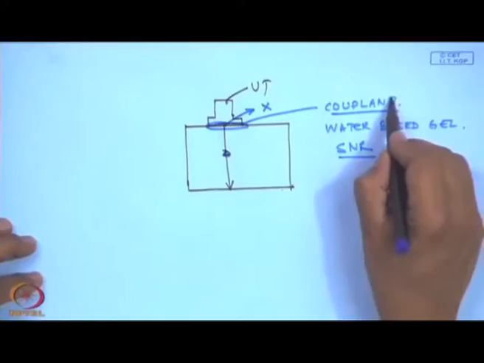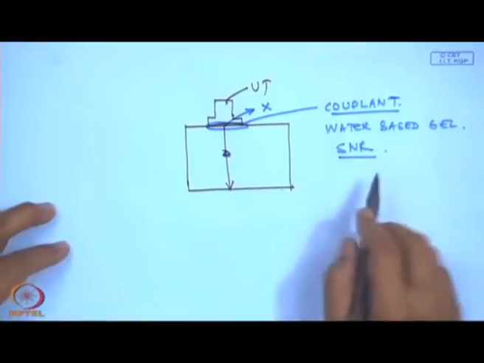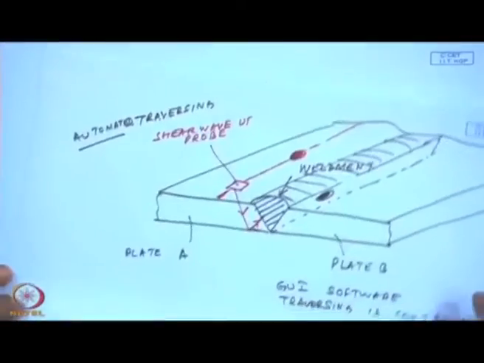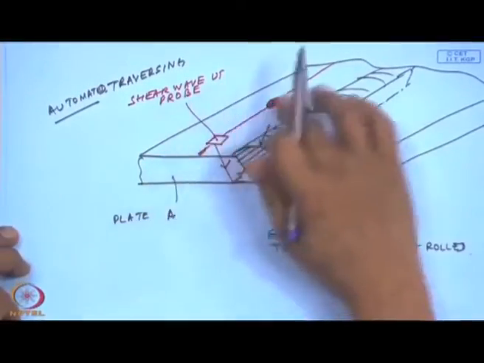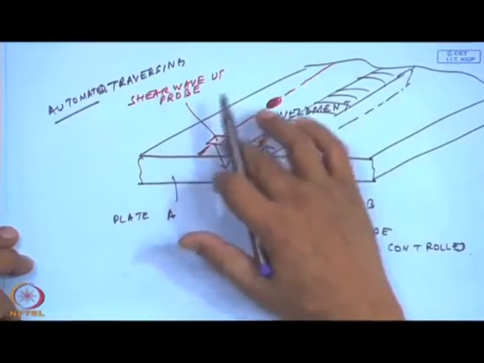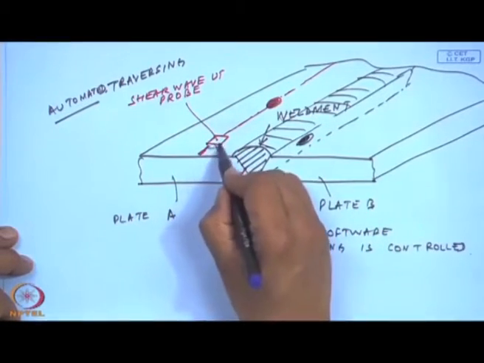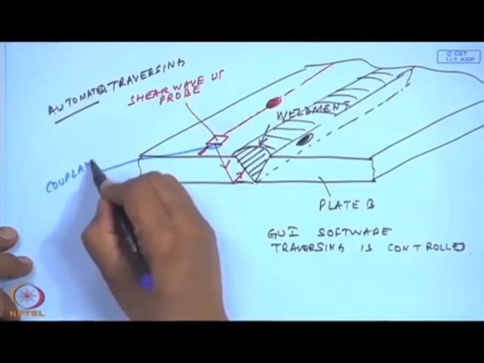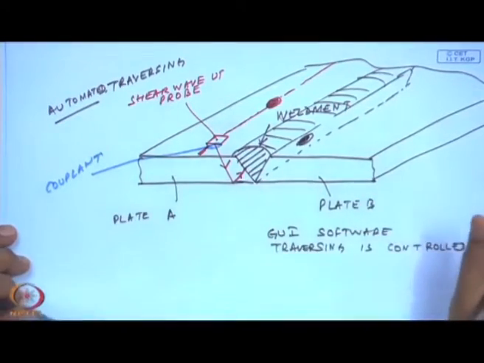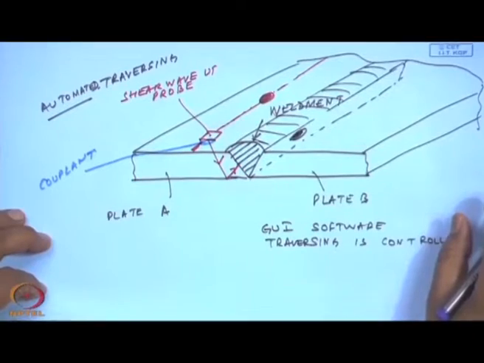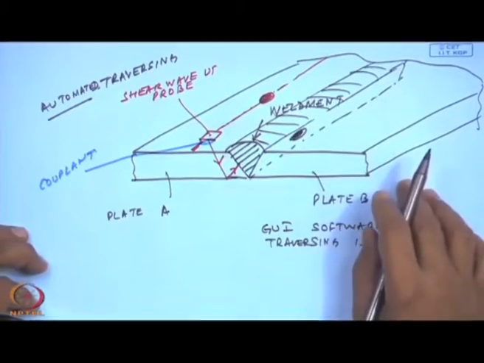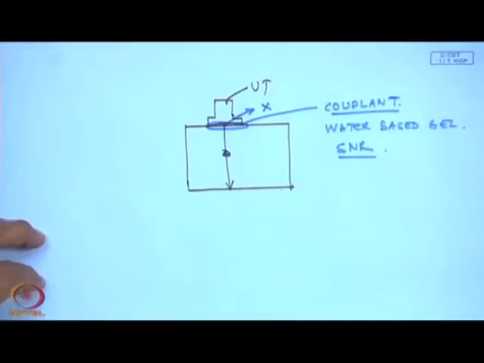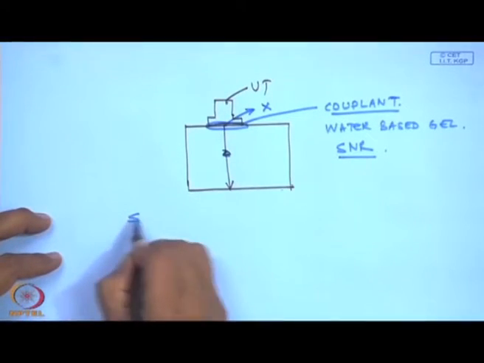No special treatment of this surface is required; apart from that, maybe a layer of couplant is to be put. Now, depending on the nature of this traverse or the image, there are certain scan modes in ultrasonic.